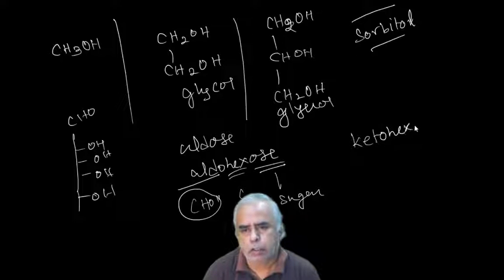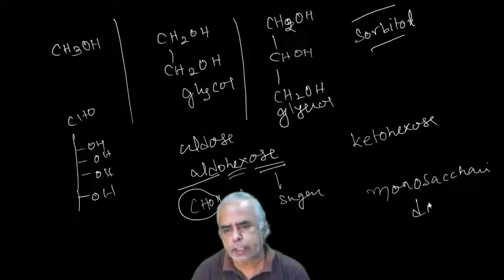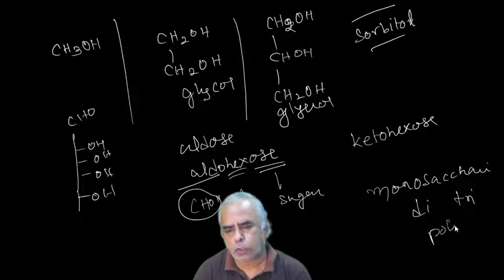and it may combine together to form oligosaccharide, disaccharide. So monosaccharide, generally glucose and fructose are called monosaccharide. Saccharide means sugar. It may combine together to form disaccharide and trisaccharide and finally polysaccharide also.